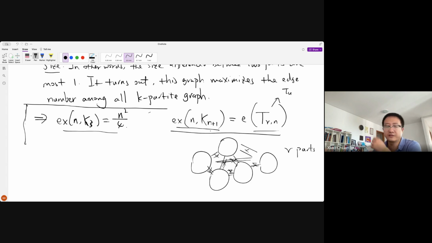You can prove that with one more edge, you cannot avoid K_{r+1}. So this is the famous Turán's theorem.